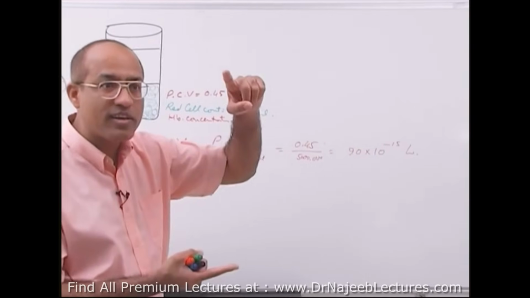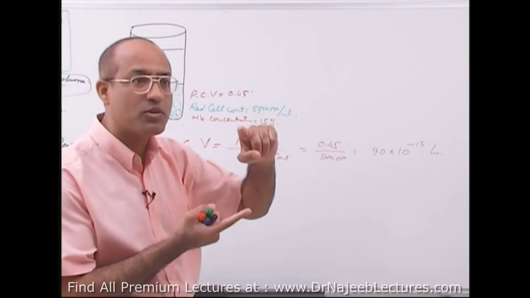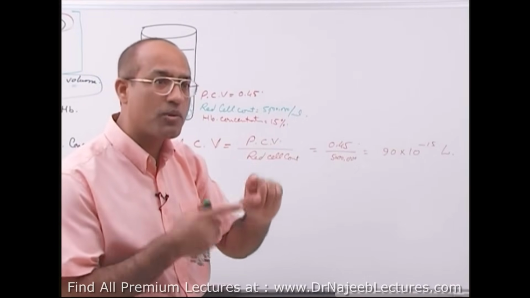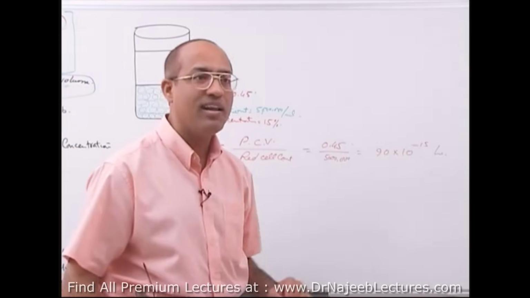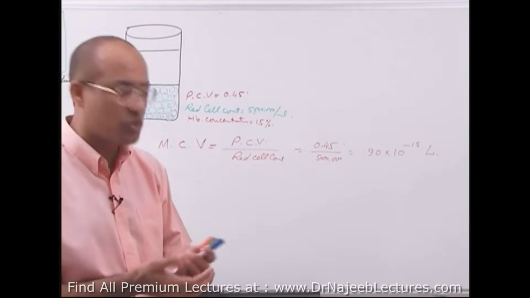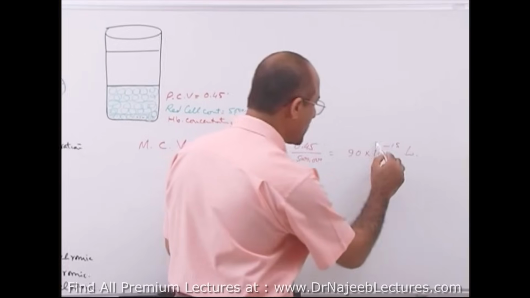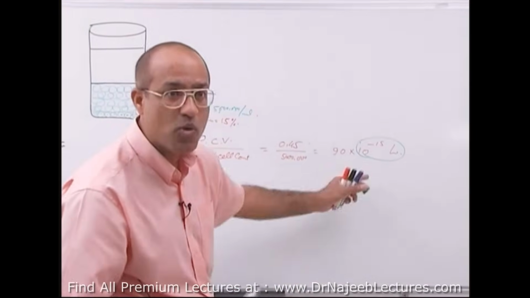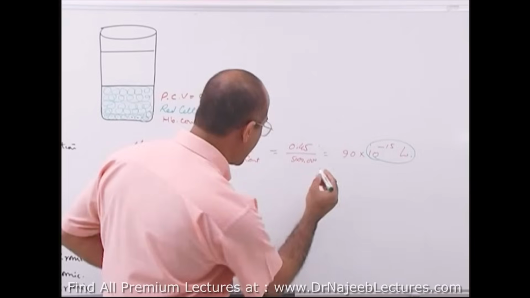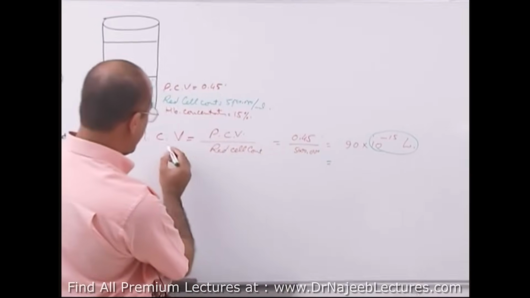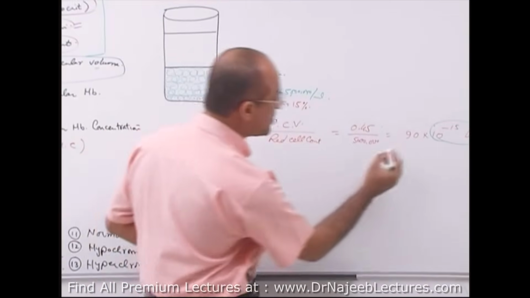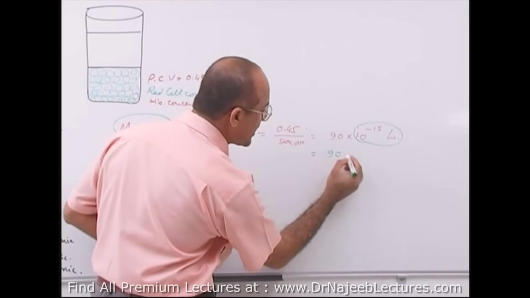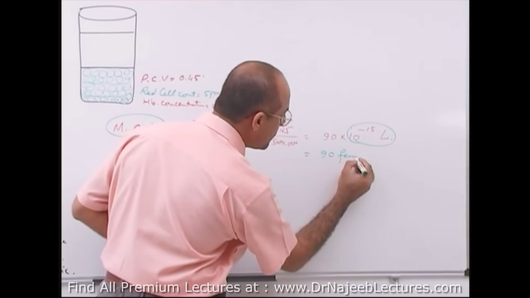You talk about liter, then deciliter, then milliliter, then smaller. It is so small that the special term used for this situation is femtoliter. As there are milliliters, there are femtoliters. So we say that mean corpuscular volume is approximately 90 femtoliter.